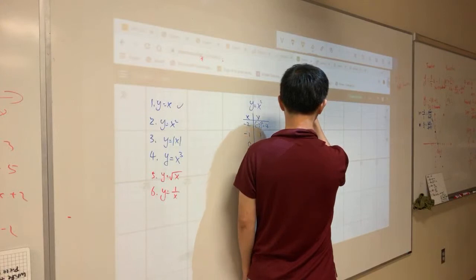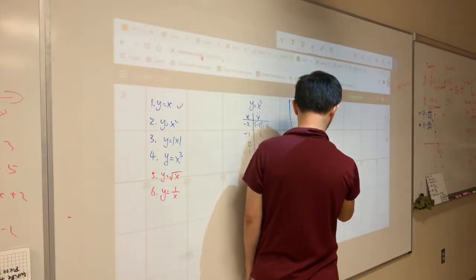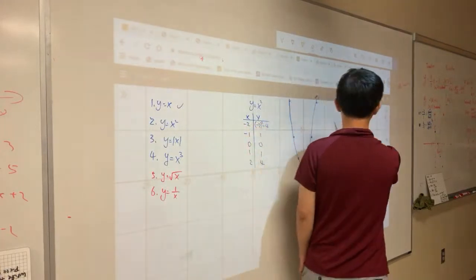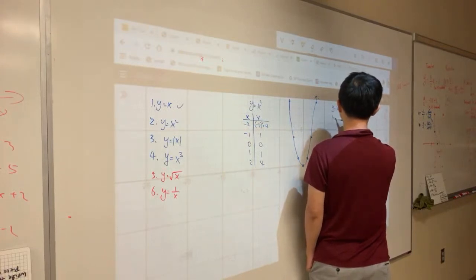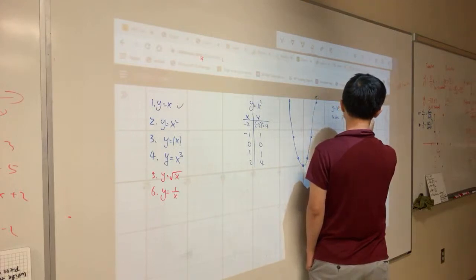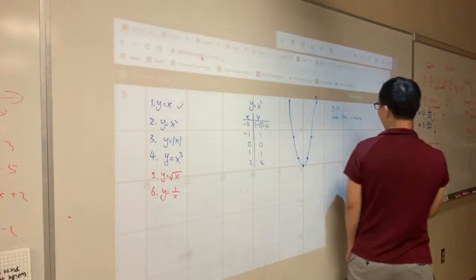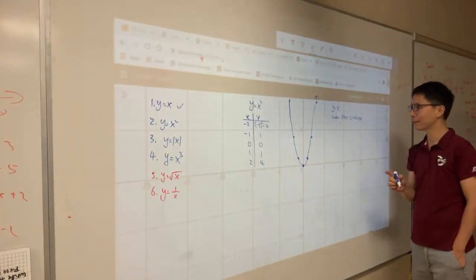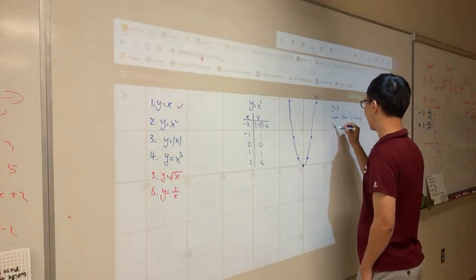So y equal to x squared looks like a U shape. And not only does it look like a U shape, it has a vertex.